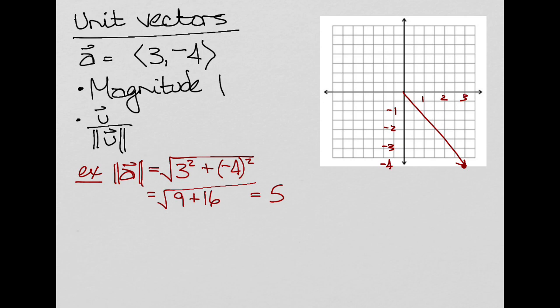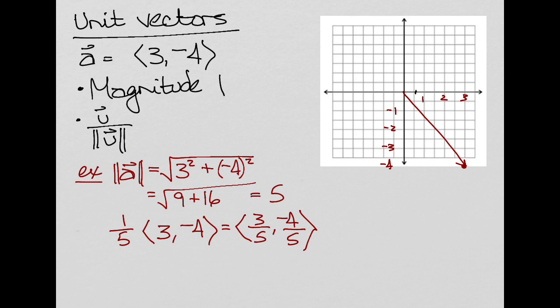So a unit vector is going to look like 1 over the magnitude, and I'm going to multiply through my vector 3, negative 4. So my components of the unit vector are 3/5, negative 4/5. Taking a look at the picture here, this is why I kind of blew up the scale. 3/5 is, I don't know, maybe there.